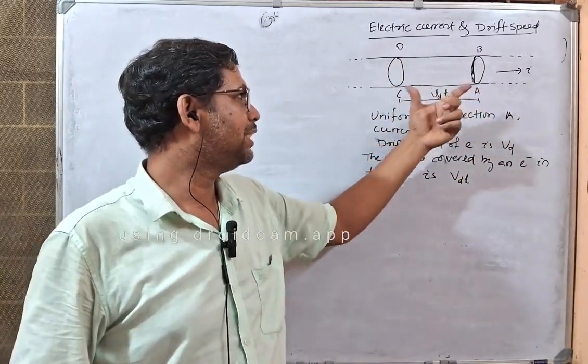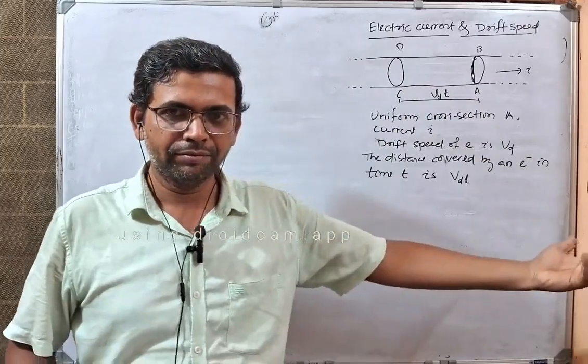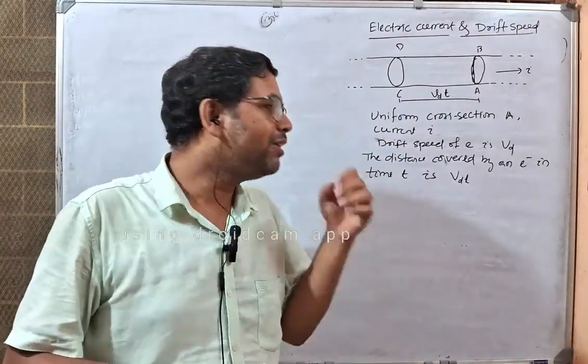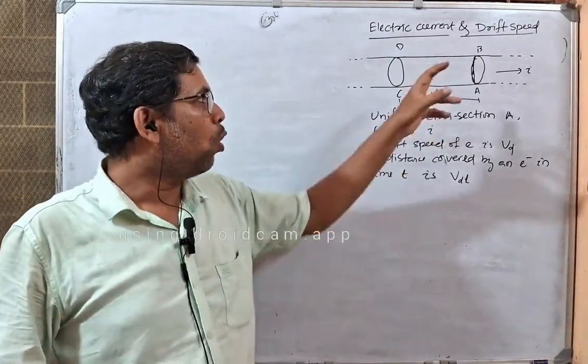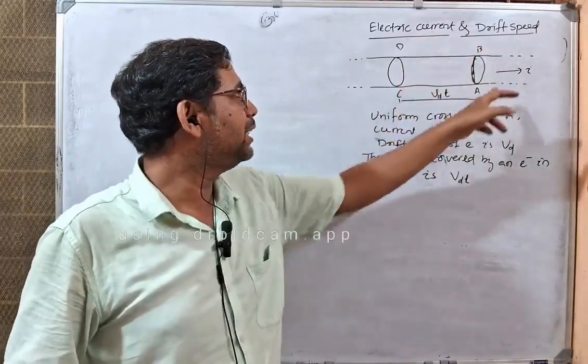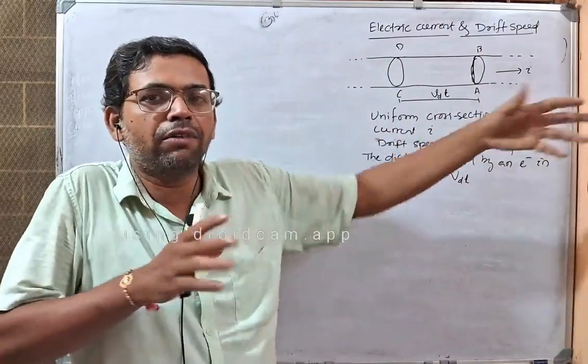That means this distance is Vd t. If all the electrons on this surface come to the surface CD in time t, that means this distance AC is nothing but Vd t. So during that time t, all the free electrons in this volume ABDC would have crossed the surface CD.